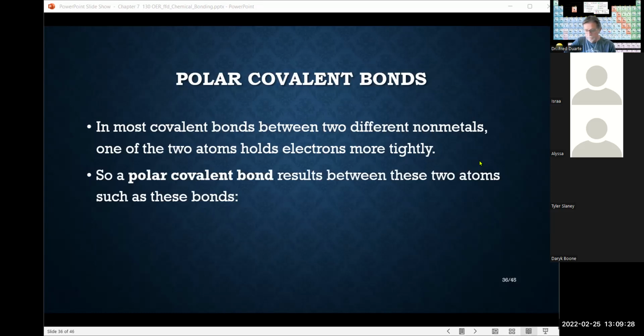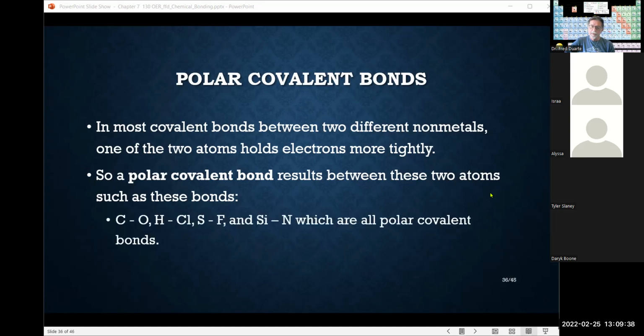In polar covalent bonds, one of them is holding on to the electrons, or attracting the electrons, more than the other. Examples of that would be a carbon-oxygen bond, a hydrogen-chloride bond, a sulfur-fluoride bond, and a silicon-nitrogen bond.